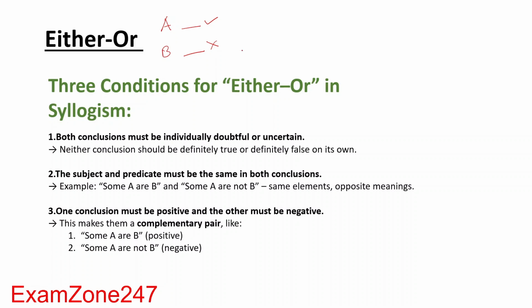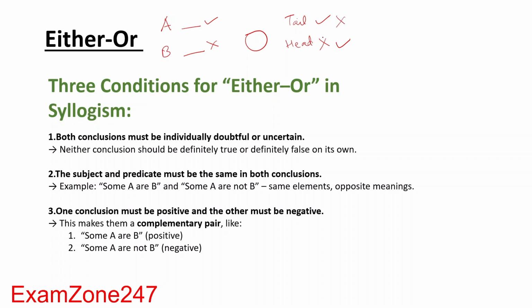The easiest example of this is a coin. If you toss a coin in air, you know it will be either tail or it will be head. Can you say, oh, it is both tails and heads? No. When it is tails, it should not be heads, or when it is heads, it should not be tails.